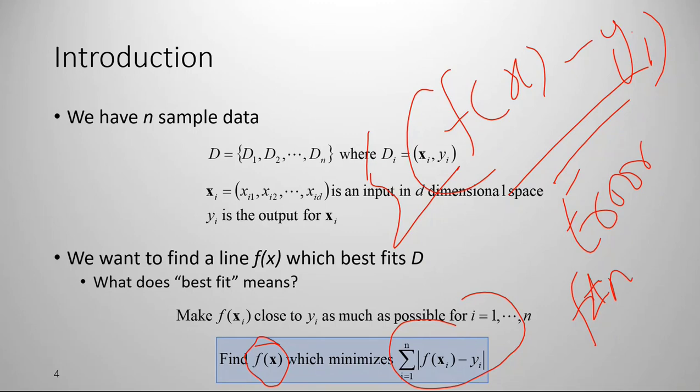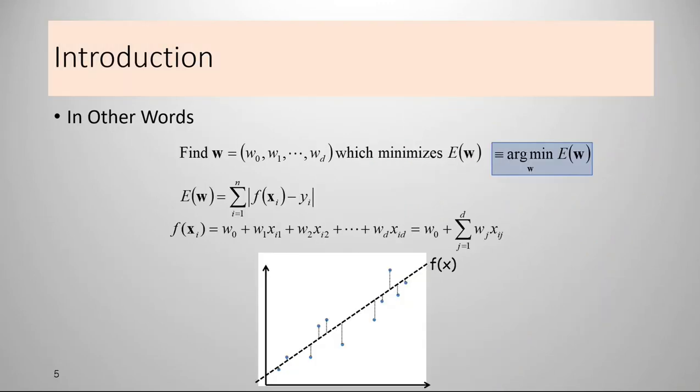In other words, there are w's for each point which minimize the error function given that argument. So actually this is the mathematical representation of what we say in words.